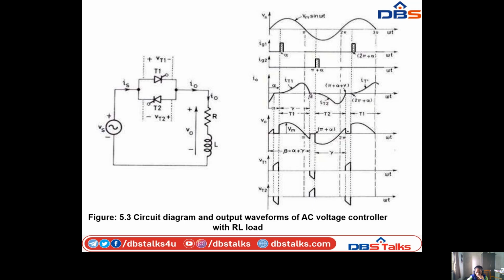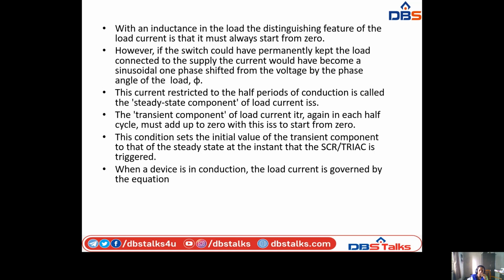using an RL load, resistive and inductive load. With an inductive load, the distinguishing feature is that the load current must always start from 0. However, if the switch had permanently kept the load connected to the supply, the current would have become sinusoidal, phase shifted from the voltage by the load phase angle phi, and the current would be restricted to the half period of conduction.